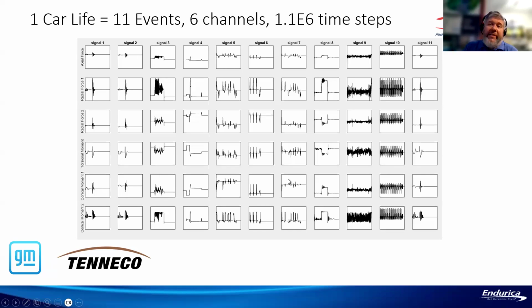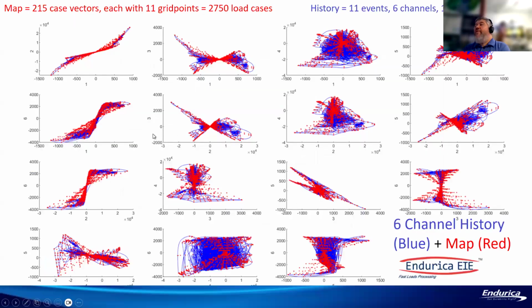So the point in this example is to simulate, and if you add up all the time steps, there's about 1 million time steps on 6 channels here, and that's what we're going to use the Endurica EIE to pull the strain history out from these load histories. To do that, first we have to construct a map. And this is a plot that shows the map.